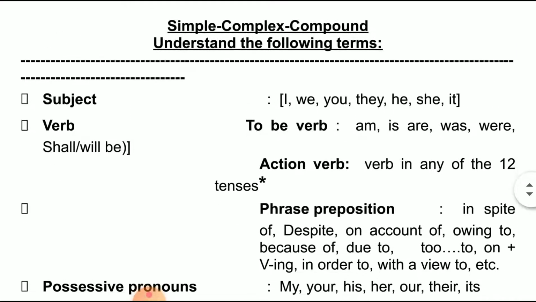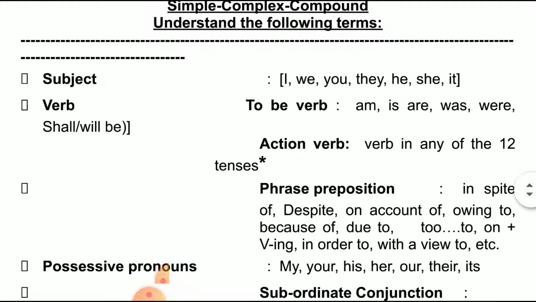Now, there is a very simple rule to identify a sentence or classify it into simple, complex, or compound. In a simple sentence, there is one verb. In a compound sentence or complex sentence, there are at least two verbs.